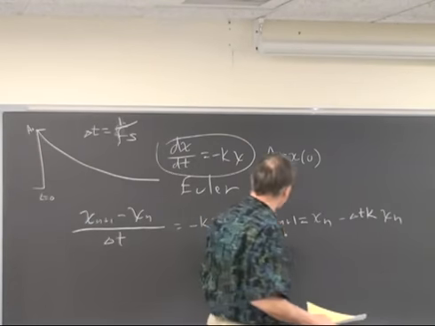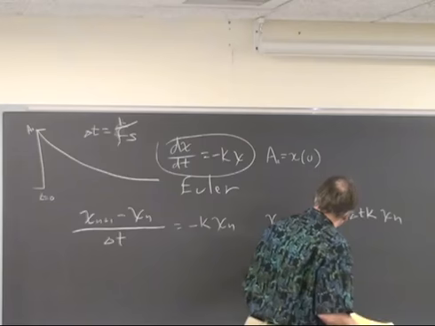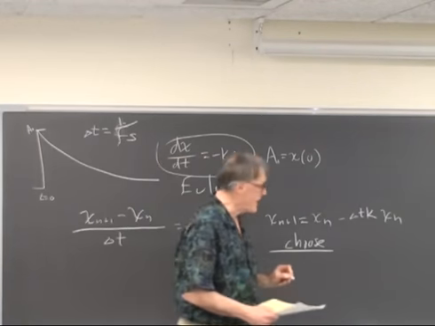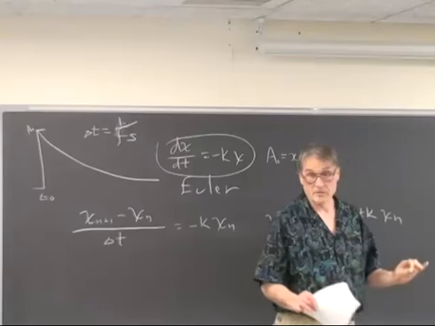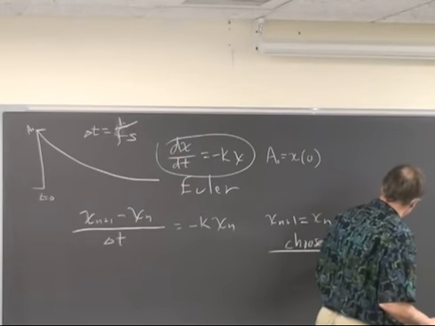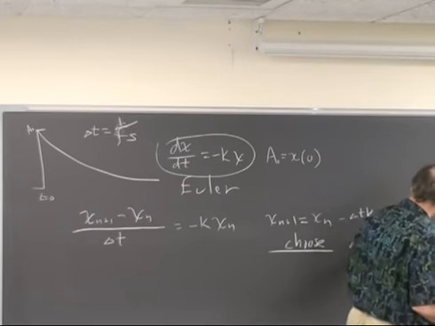Now, for efficiency, we're going to choose to make delta t k equal to 2 to the minus p.